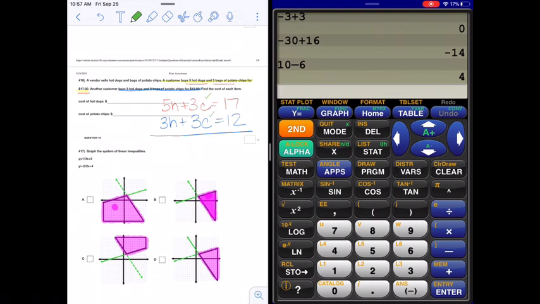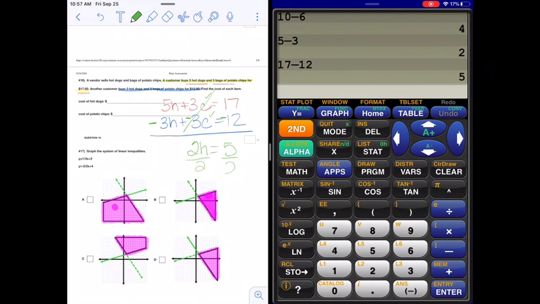The coefficient, which is the big number in front, is 3. The problem is I need one of them to be negative. So I'm going to multiply the bottom, the blue equation, by -1. That's going to make all of these negative, and I'm going to add down. So 5 minus 3 is 2, so 2H equals 17 minus 12 is 5.